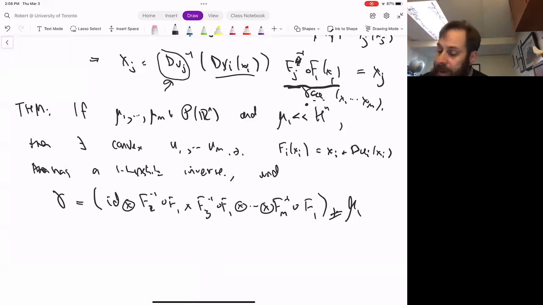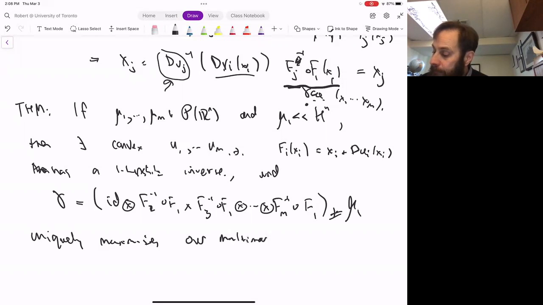And gamma uniquely maximizes our multi-marginal problem for the bilinear, whatever, bilinear or multilinear surplus.